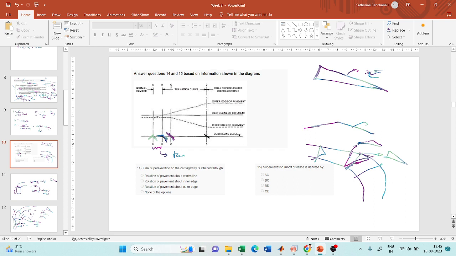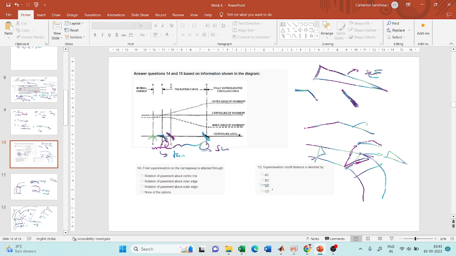And from this slant, it has to rotate. We will see this now, but just remember that from this zero slope to the final super elevated slope, this is called the super elevation runout. So what is that? BD will be my super elevation runout.